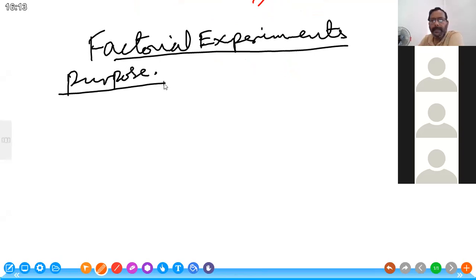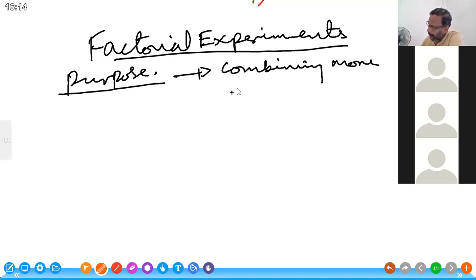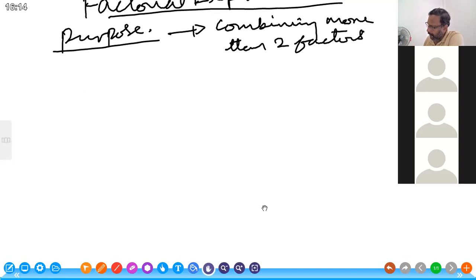The purpose is combining more than or equal to 2 factors. Combining more than 2 factors. Let's take an example.